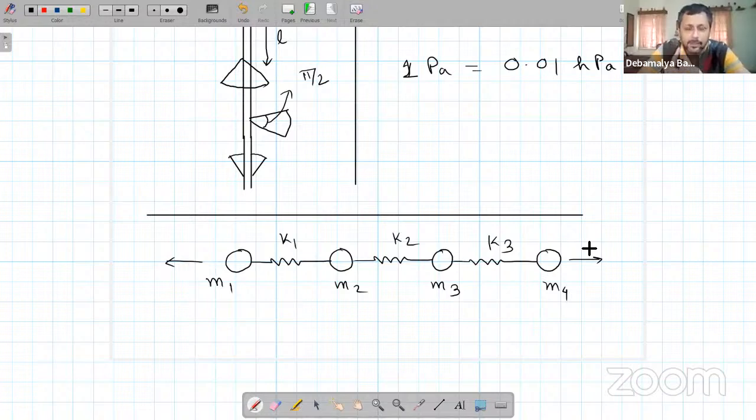In general, we have a 4 mass and 3 spring system. This system can be represented by a 4x4 matrix, which has to be diagonalized in order to get the final normal mode frequencies. So there will be at least 4 such degrees of freedom.